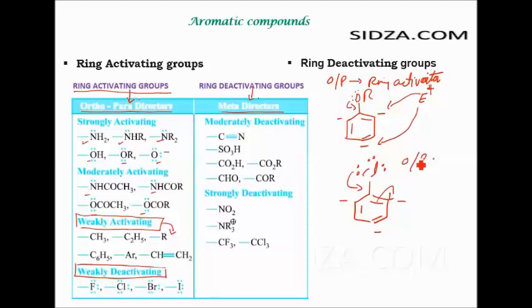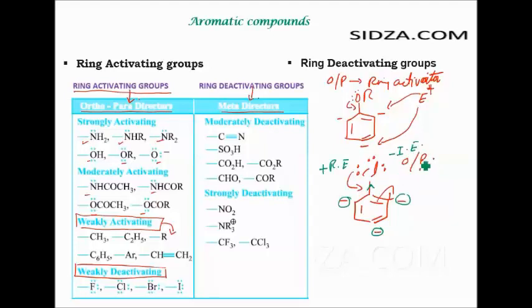But the issue here is that chlorine also has a negative I effect. It has a plus resonance effect, due to which it can increase the negative charge at the ortho and the para positions, right? But it also has a negative inductive effect.